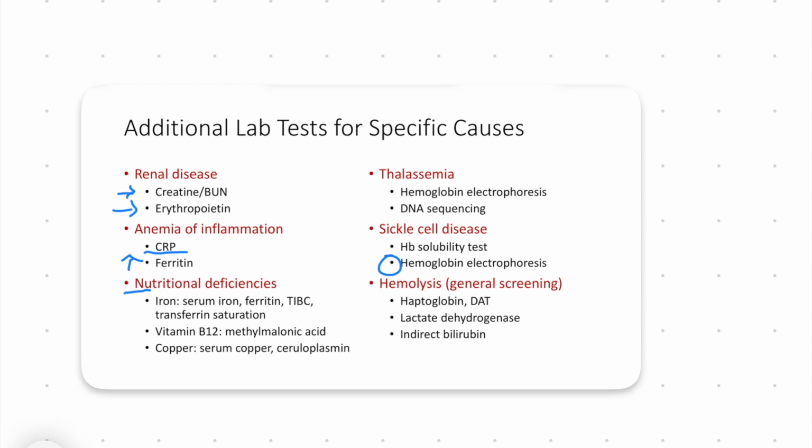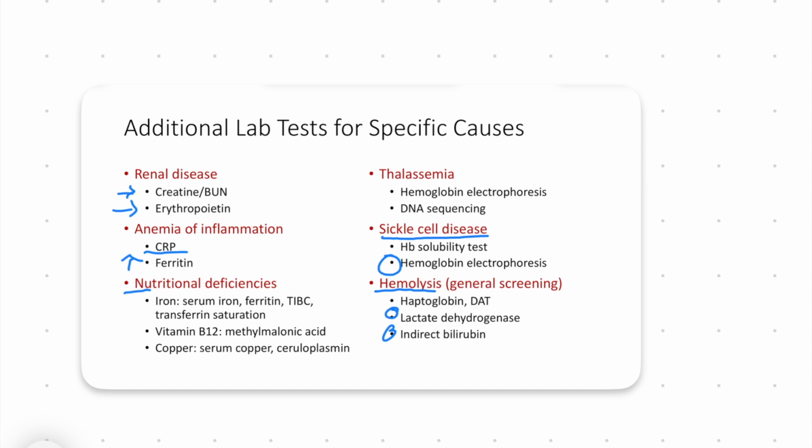For sickle cell disease, specifically, we discussed the hemoglobin electrophoresis, right? If we have hemoglobin S instead of our normal hemoglobin A, then we would suspect sickle cell disease. And remember, sickle cell disease is actually the homozygous version, so we shouldn't expect to see any hemoglobin A on the electrophoresis. In that case, we'll just see the hemoglobin S. And then the hemolysis, remember, we talked about the general contents of a red blood cell, and these get released into the plasma when we have hemolysis.